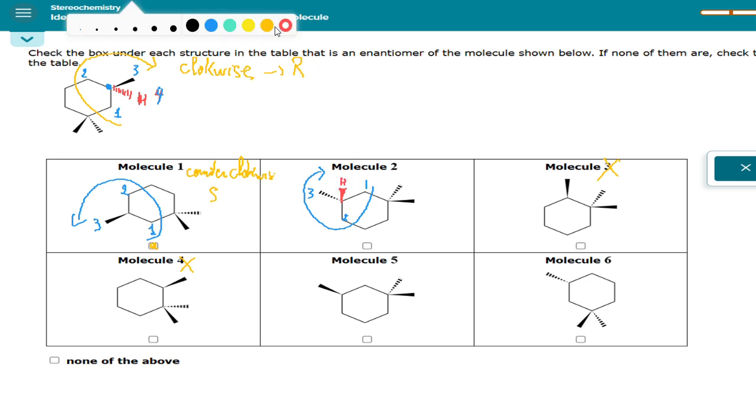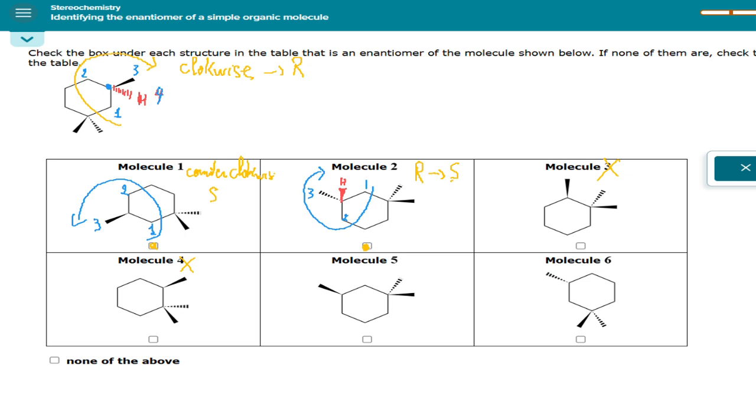So, for example, here we have clockwise, so it's supposed to be R, but I have to make it S because the hydrogen is wedged. Right. All right, so this one is S, just like molecule 1, so that could be an enantiomer.